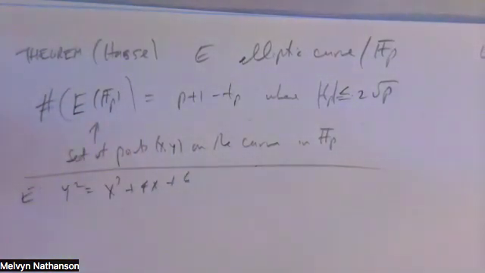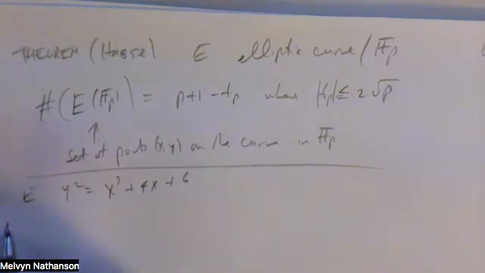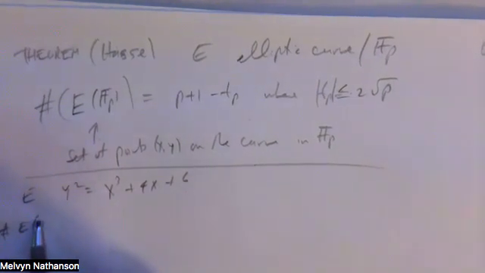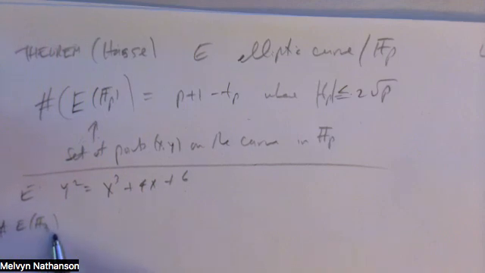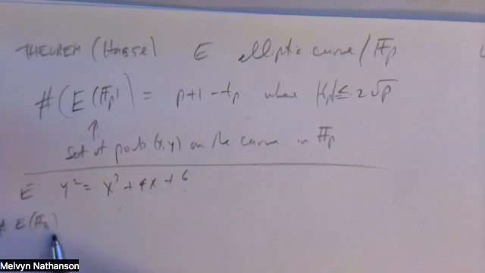And let's try and find the number of points on this curve over the field with 3 elements. The field is 3 elements, 0, 1, and 2. 0 squared is 0, 1 squared is 1, 2 squared is 1. So the squares are 0 and 1.